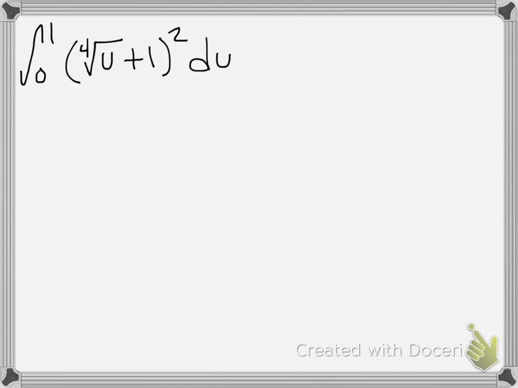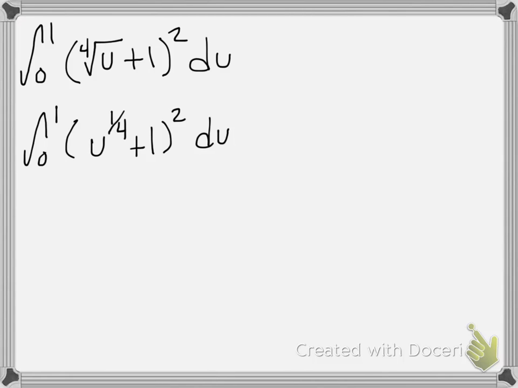Alright, so to start off with, just write this as something that we know. That's going to be u to the 1/4 plus 1 squared du. And as you can tell, we're just going to have a binomial times a binomial, so we can just do the FOIL method.